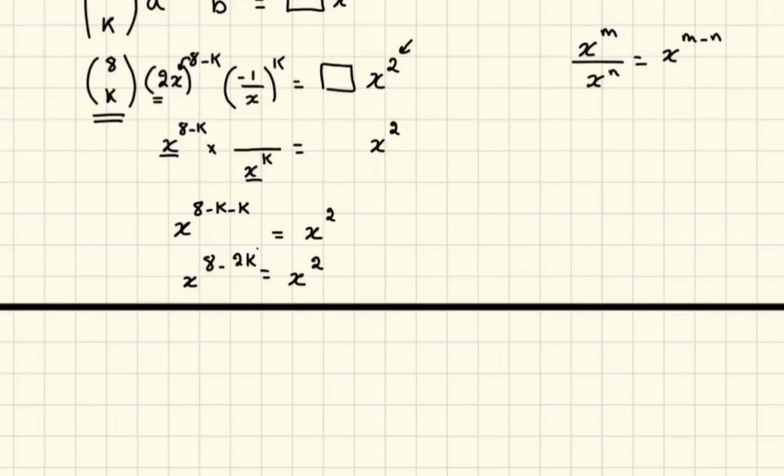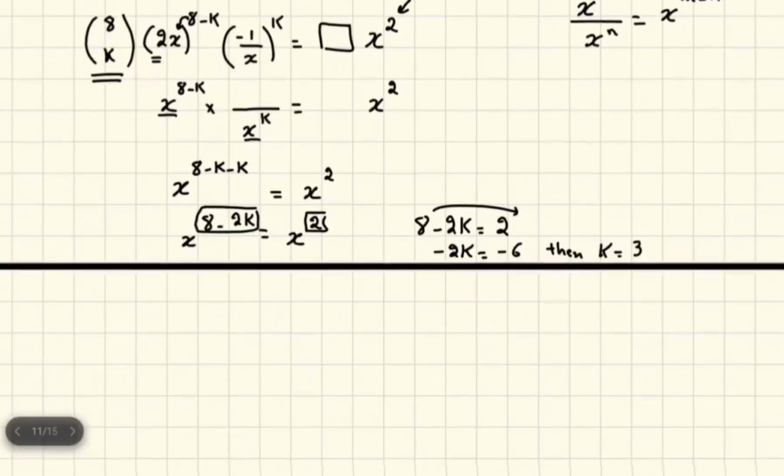Now x is the same as x, so 8 minus 2k is equal to 2. We take the 8 to the other side, so minus 2k is equal to 2 minus 8, which is negative 6. Then k will be 3. So for k equals 3, we're going to get the term with x squared.